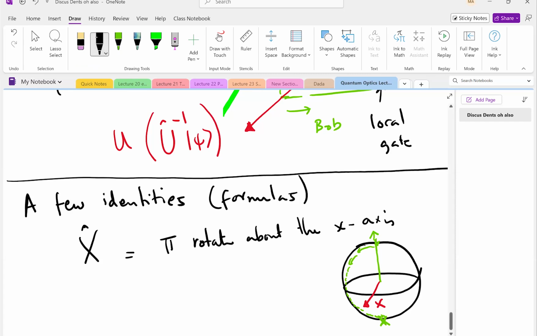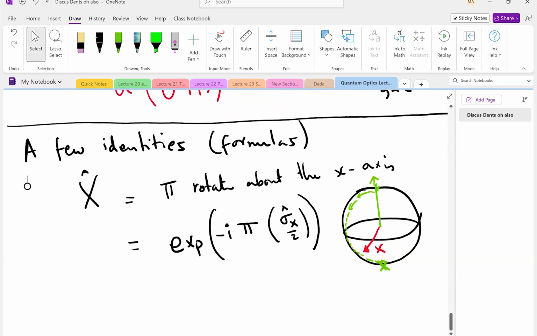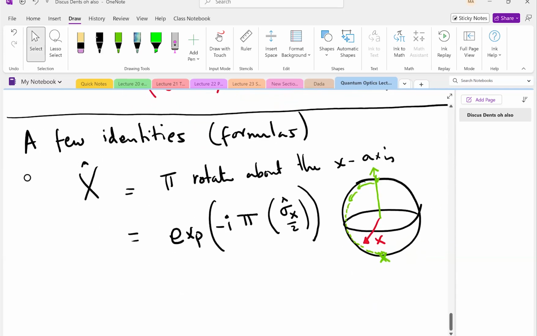And if I would like to write down the matrix for an X gate, it's simply exponent minus i, the amount of rotation is pi, and since it's an X gate, I take sigma X, the Pauli matrix, and divide by 2. This division by 2 is because the magnetic quantum number associated with this system is one half. It's a qubit, a two-level quantum system, so it is acting like a fictitious spin-half particle.